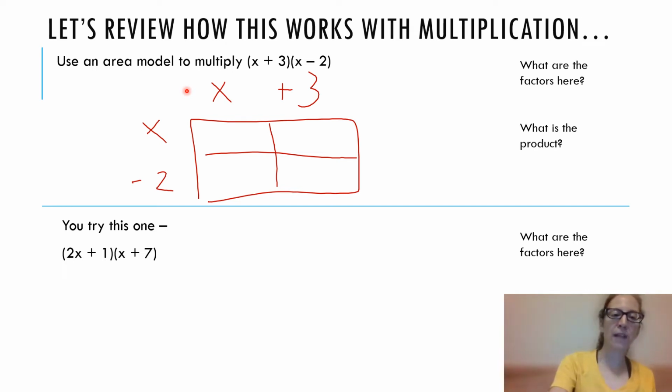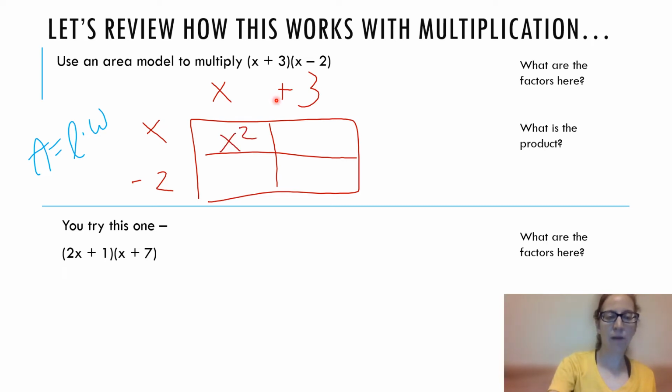So this first rectangle has a height of x and a length of x. And then we know that area is base times the height, or we'll say length times the width, or length times the height. It's the 2 dimensions. And so we would have x times x, which would give us x squared.